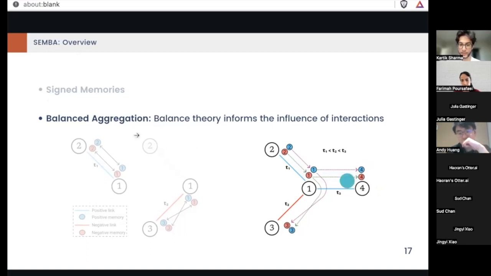So node 2 and node 4 would also have a friend relationship, and therefore the influence is the same: positive influence is positive. Yep, so this is the basic idea and also the core component of our model.